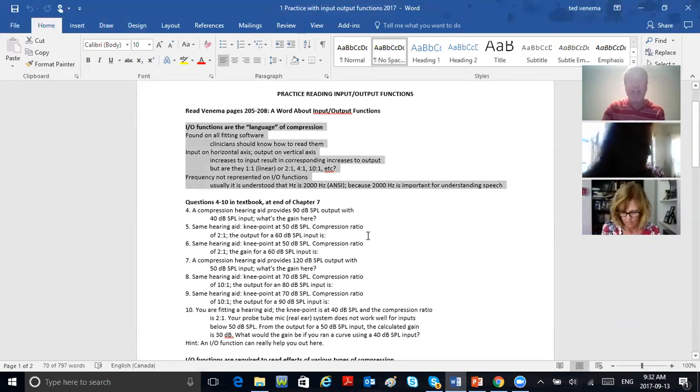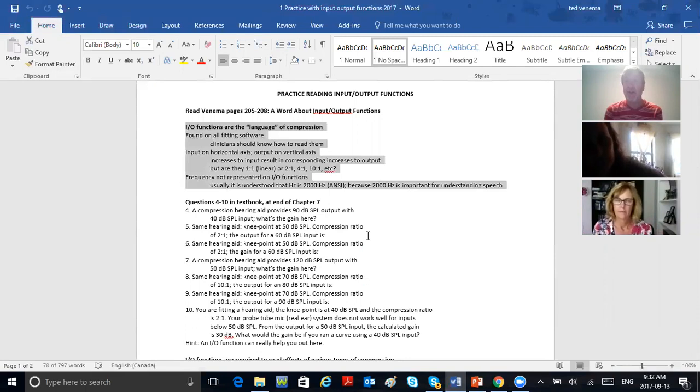If you talk to any hearing aid manufacturer's sales representative, they all have to learn the input-output functions because they have to describe the hearing aids being sold. They describe them to the audiologists and HISs who are fitting them, and then you turn around and sell to the end user or customer.